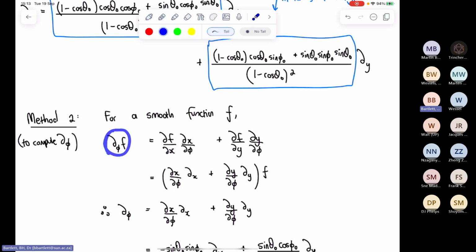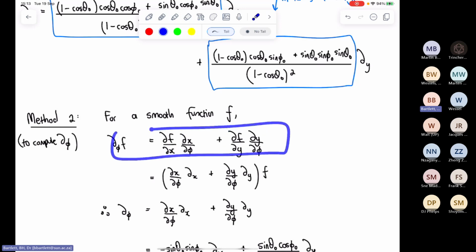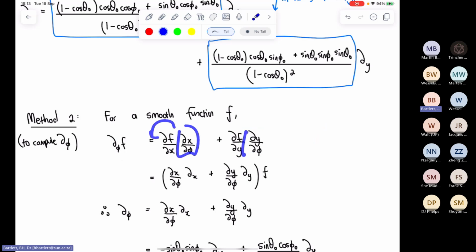If I want to differentiate f with respect to phi, it would be the same as differentiating f with respect to x times the derivative of x with respect to phi, plus the derivative of f with respect to y times the derivative of y with respect to phi. So we're all happy with this line. And now all I've done is I've just rearranged it by taking these terms and putting them in front. Right? So that gets me here. Everybody happy with that?